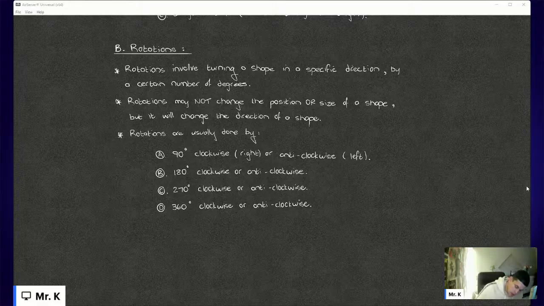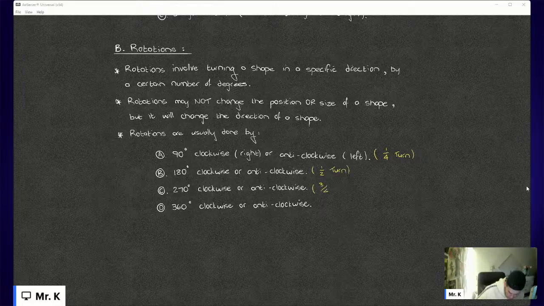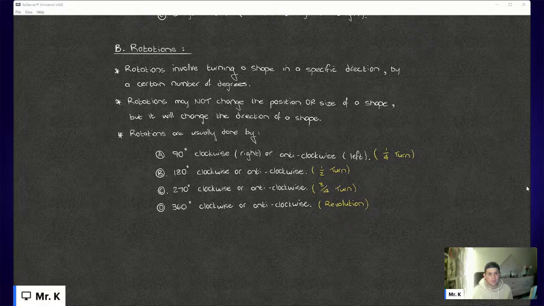Now, if we're turning 90 degrees, it means we are looking at a quarter turn. A 180-degree turn is a half turn. 270 degrees is a three-quarter turn. And finally, 360 degrees is a revolution or a full spin back to the original direction.